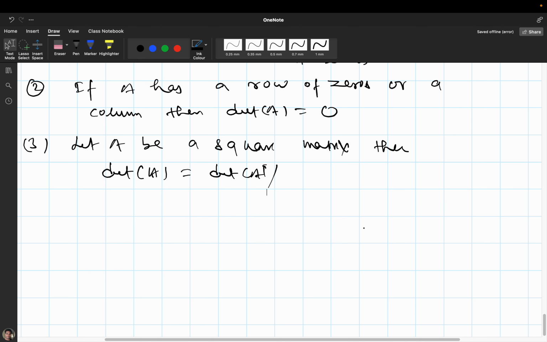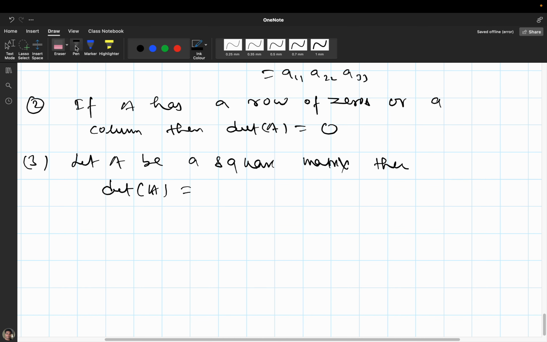Sir, the determinant of A is equal to the determinant of A transpose. Sir, while taking a transpose, the elements only interchange their places, so the value of the determinant won't change.